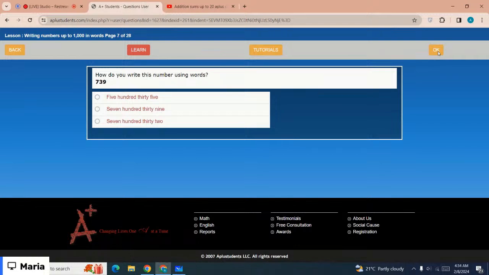The next one is how do you write this number using words? The correct one is 739.